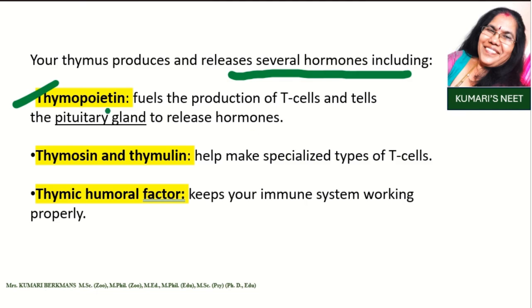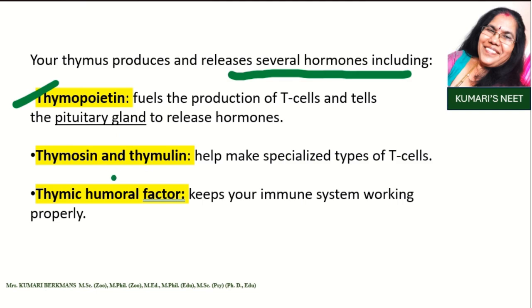Which one? Thymopoietin will be secreted, and it is very useful for the production of T cells, as well as it induces the pituitary gland to secrete which hormone? Thymosin. Okay, so thymopoietin is very, very important. It helps the production of T cells, as well as it induces the pituitary gland to release the hormone.